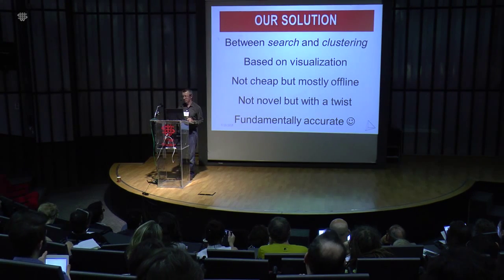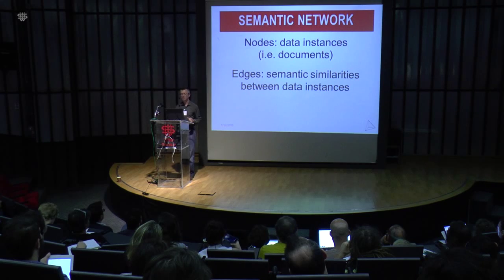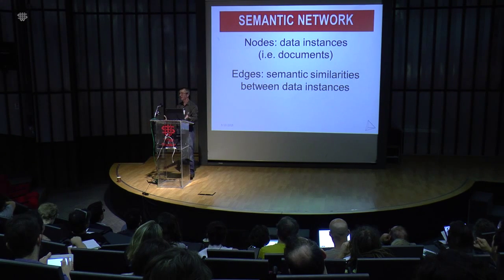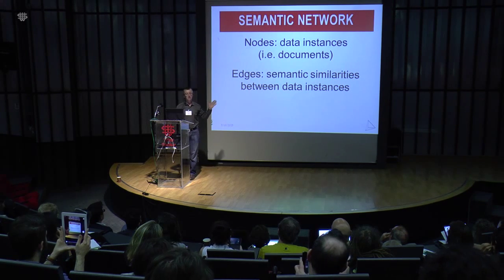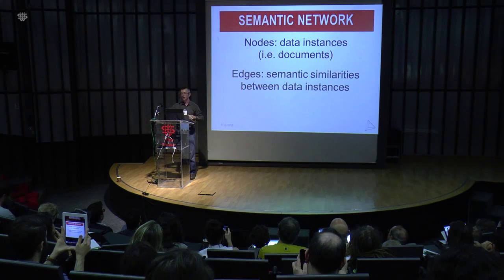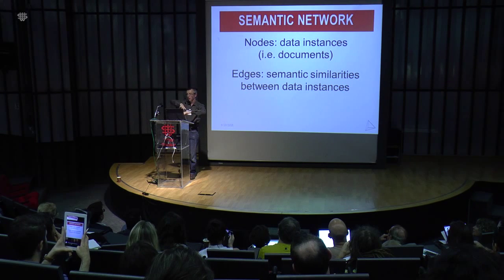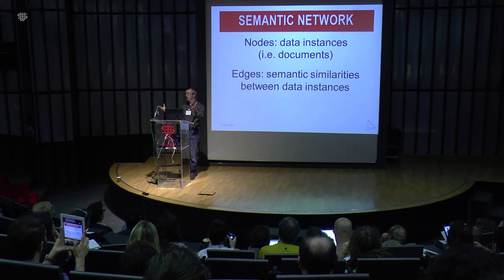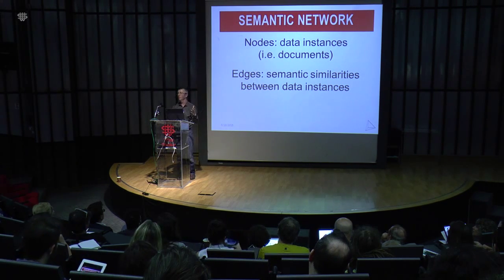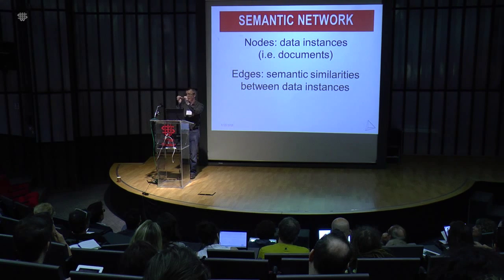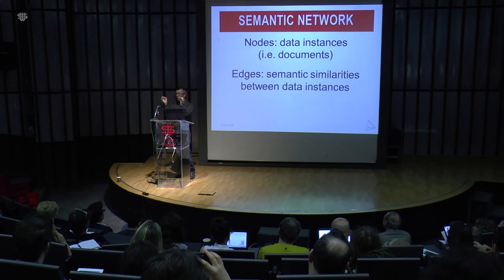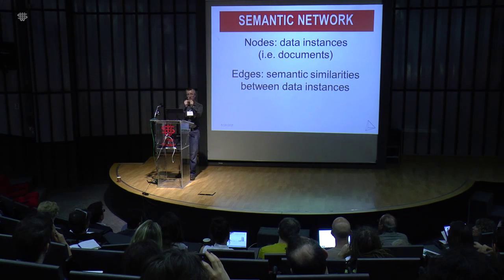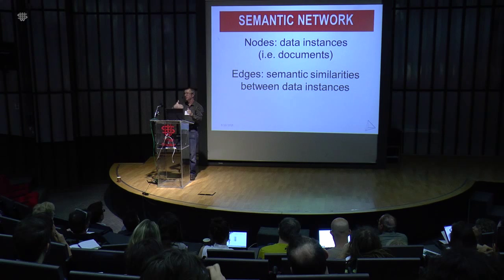It's an accurate approach, and it's built on building the semantic network of your data. So basically you take, in our case, 7 million patents, and you build a network. Think of it like Google Earth of patents, where the cities are patents and the roads are semantic relationships. Two patents are sitting close to each other if they talk about a similar topic.